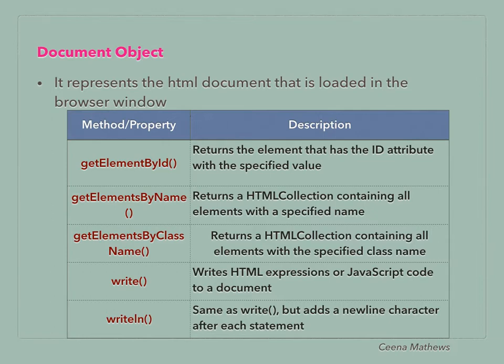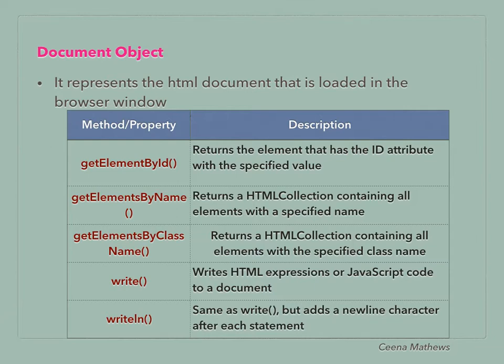Second is getElementsByName. Within brackets you give the name of the elements, that is, some elements can have the same name, like an identifier. The name need not be unique for an element.